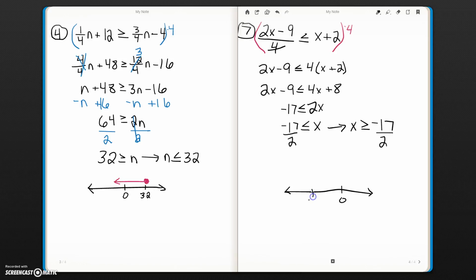Okay, so we got negative 8, and we got negative 9. So it's like halfway between negative 8 and negative 9. Okay. And this is a closed circle because it's equal to, and this is x is greater than. So this line goes to the right. Alright, so that's number 4 and number 7.